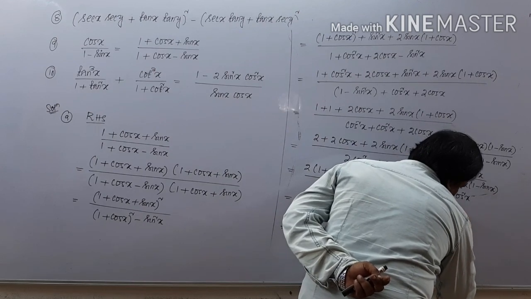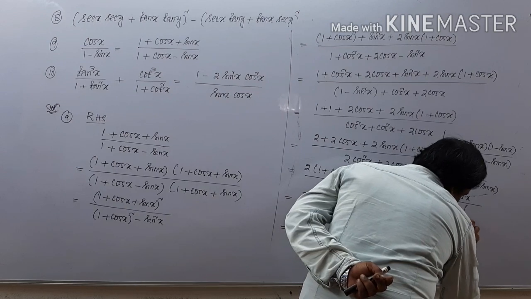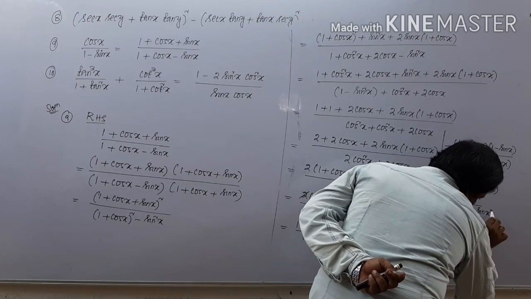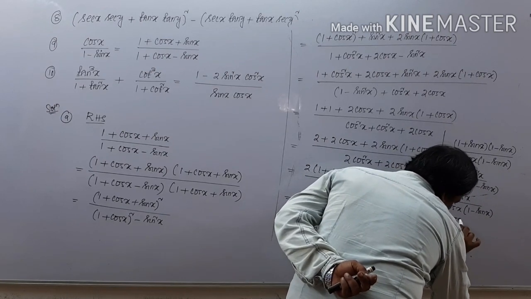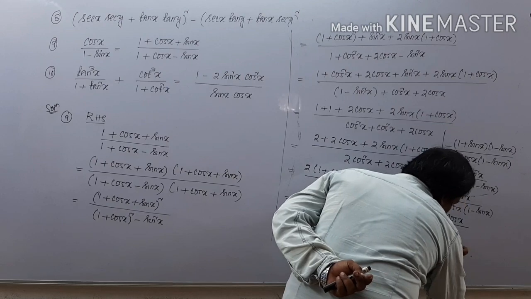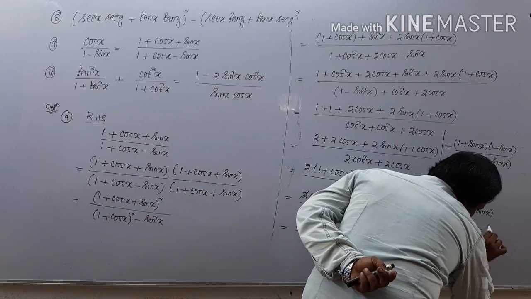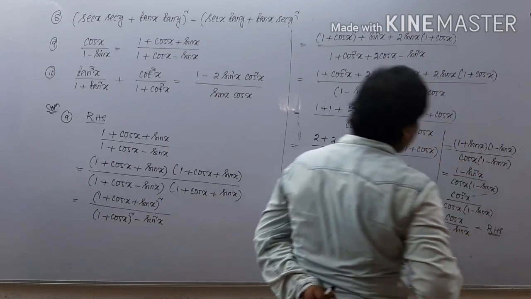Cos square x divided by cos x multiplied to 1 minus sin x. So one cos x will cancel out, so remaining is cos x by 1 minus sin x. This is our RHS. So we can easily prove this one.